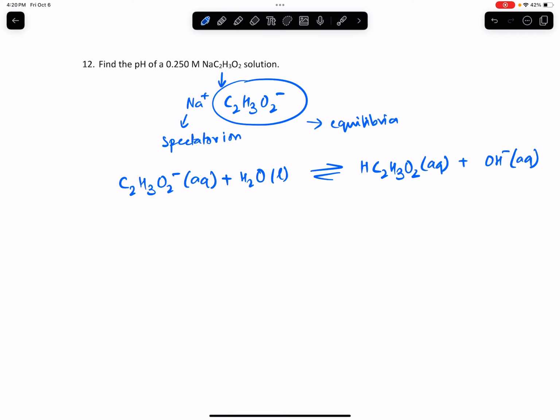Now, once we have this, we can see that this species essentially created OH- in solution, and what we find is going to be the OH- ion concentration, which is going to give us the pOH, and from that we have to back into the pH.